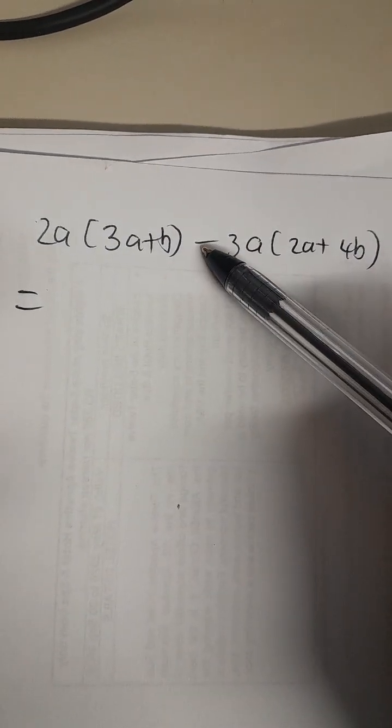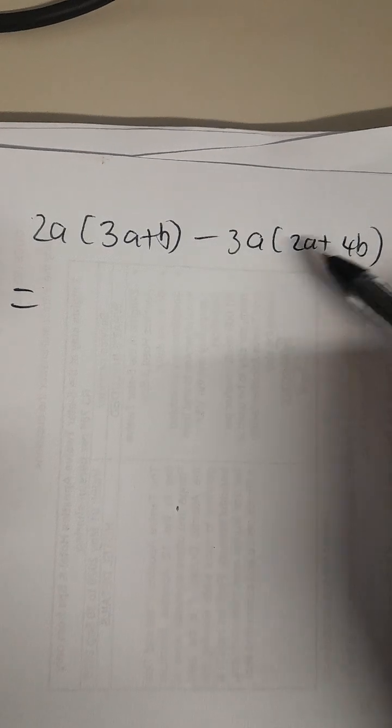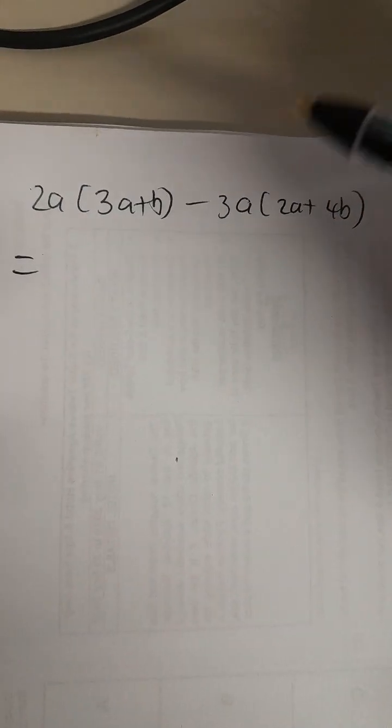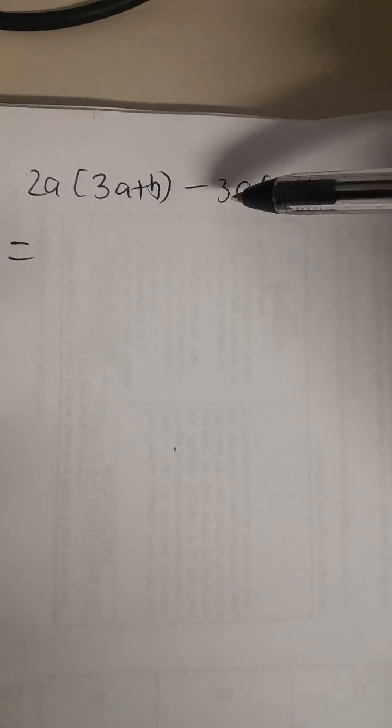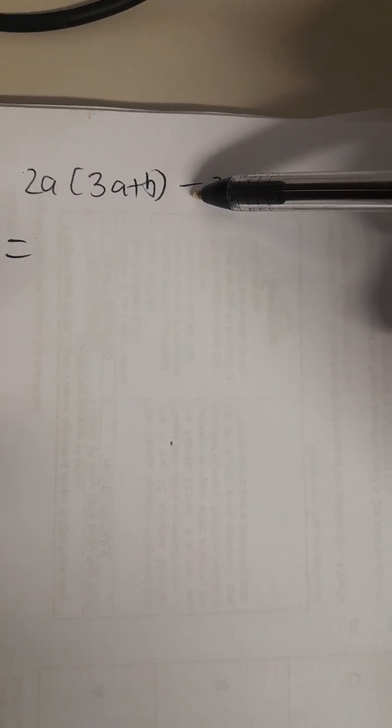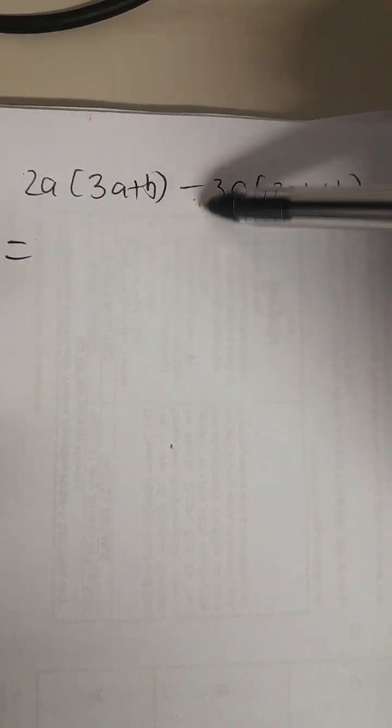Then we have a minus sign that separates 3a into 2a plus 4b, which is a different term. So we have 2 terms, because terms are separated by a plus or a minus sign.